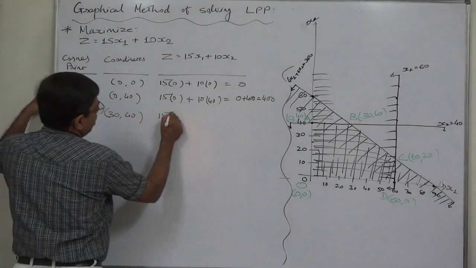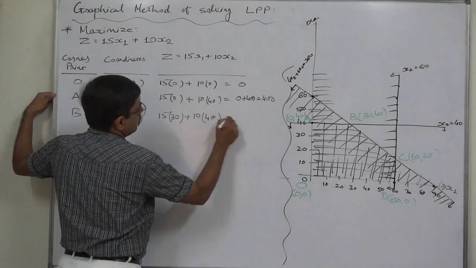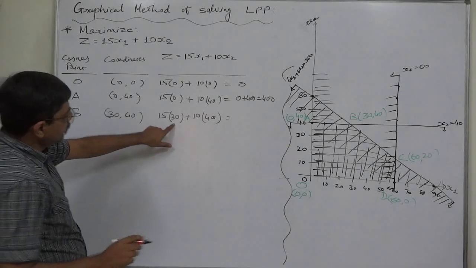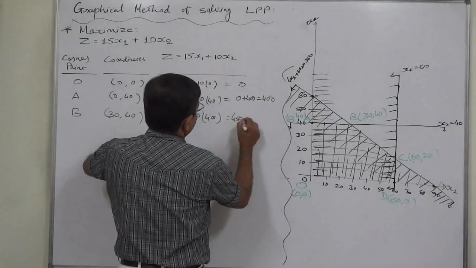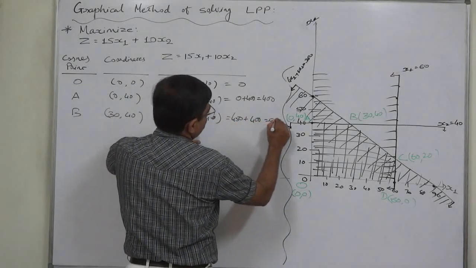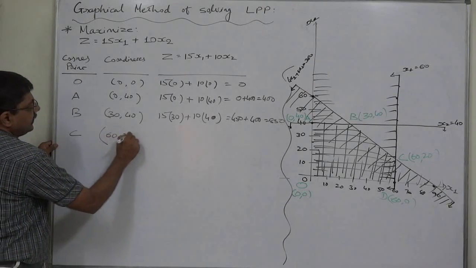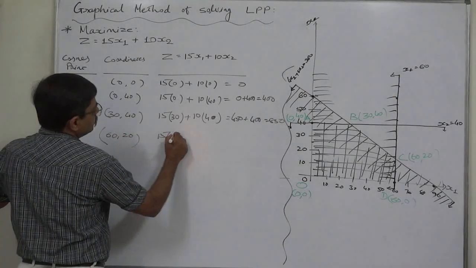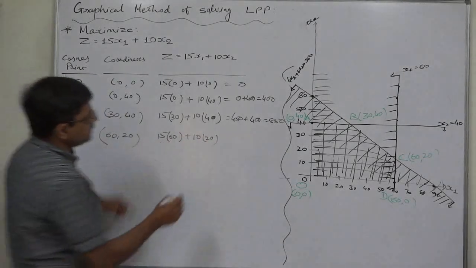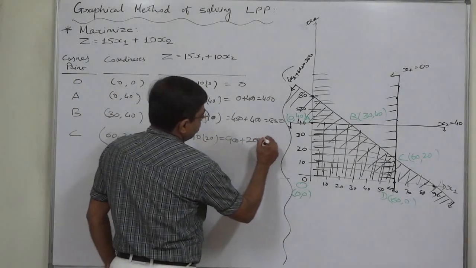It will be 15 into 30 plus 10 into 40. 15 into 30 is 450, plus 10 into 40 is 400. So the total value is 850. At C, they are 60 and 20. 15 into 60 plus 10 into 20. 15 into 60 means 900, plus 10 into 20 means 200.